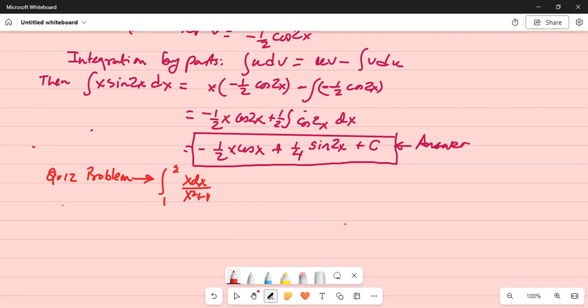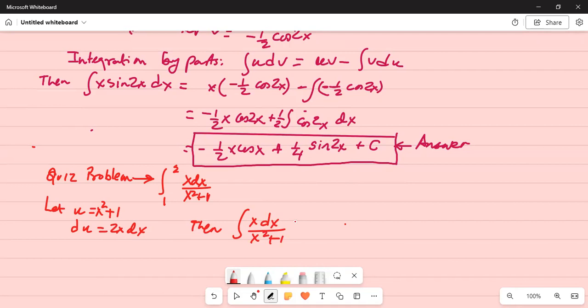Let u is equal to x squared plus 1. So du is equal to 2x dx. Okay, and then the integration of x dx by x squared plus 1.